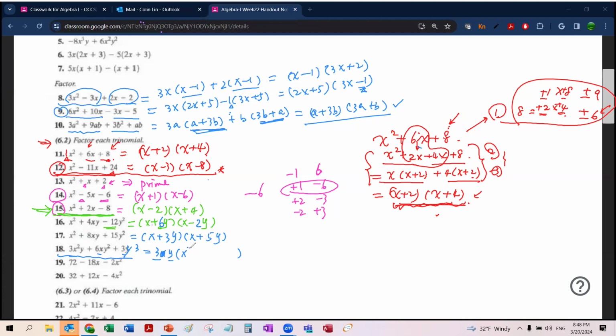So 3y times (x squared plus 2xy plus y squared). If they have a big common factor, we definitely need to take it out first, okay? And the rest, x squared plus 2xy plus y squared, you can continue to factor.